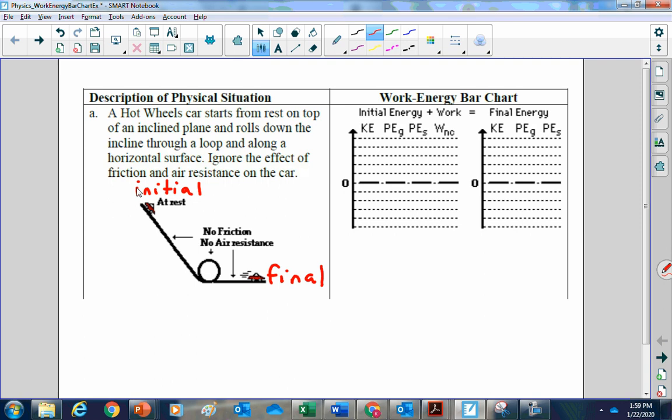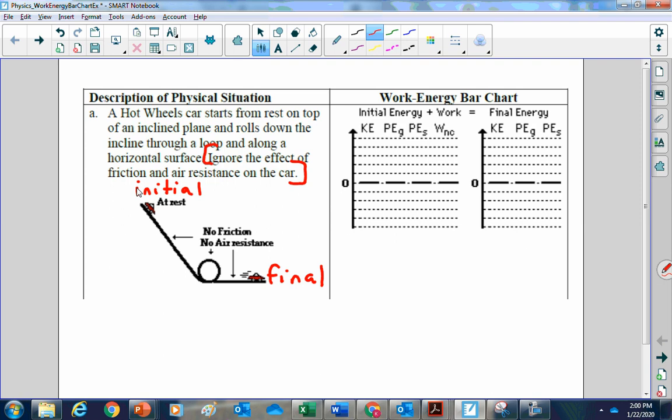And it's important to notice that they're saying that we should ignore the effect of friction and air resistance on the car. So that's pretty unrealistic, but if we say that those are basically ignorable or negligible, then we have no work done by those forces.